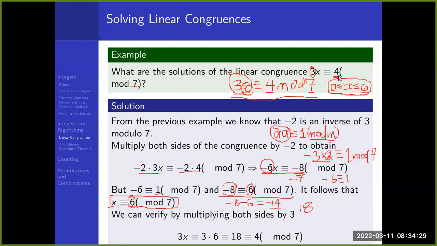Remember, this is what we're trying to solve. So we have confirmed this because 18 minus 4 is 14, and 14 is divisible by 7. So 18 is congruent to 4 modulo 7. So that should answer your question, hopefully, or even halfway answer it.